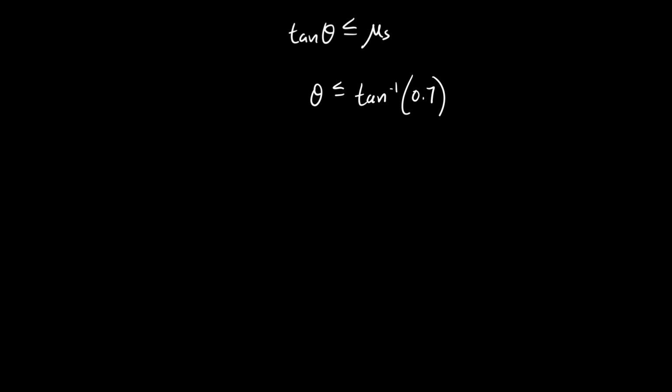So when I do this, 0.7 inverse tan, it tells me that if I don't want the book to slide, I have to keep my angle less than 35 degrees. And that's what it tells me.